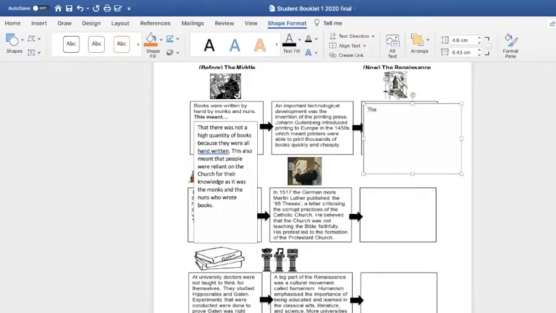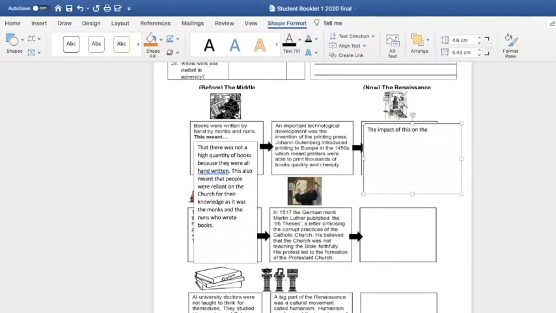You could write something like: the impact of this on medicine, on the development of medicine, was that medical knowledge and ideas could now be taught and spread on a wider level as there was increased communication through the printing press.